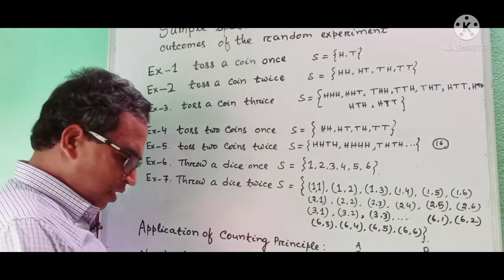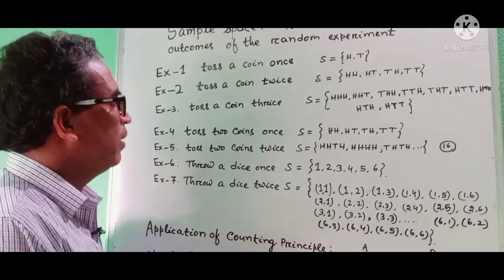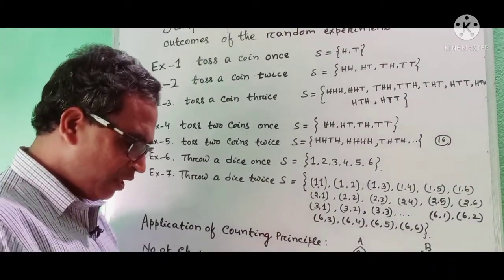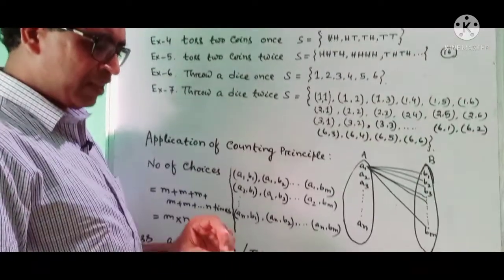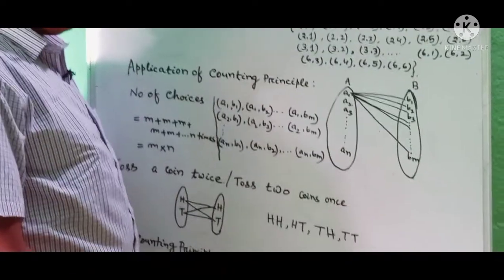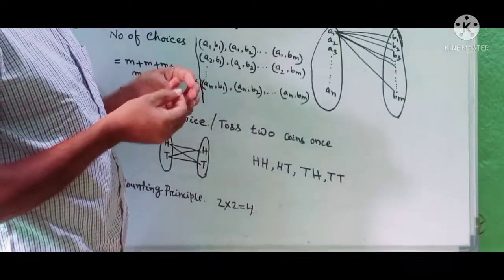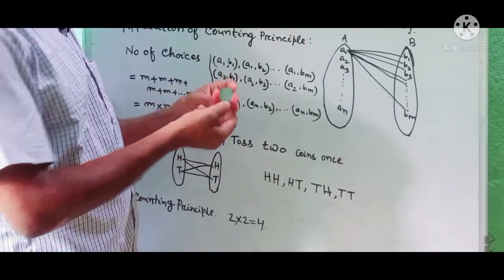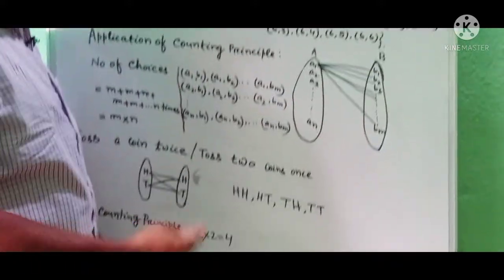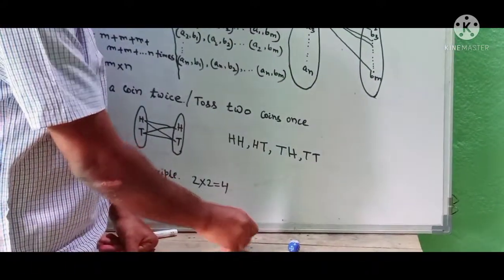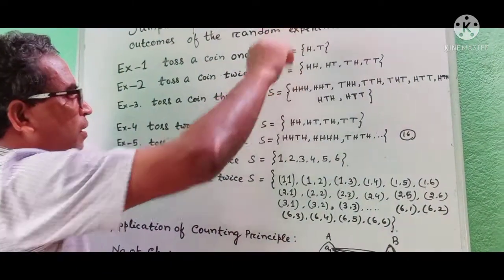And I am showing it practically. Toss a coin once. You see, this is the coin, an unbiased coin. I got head. I got tail.